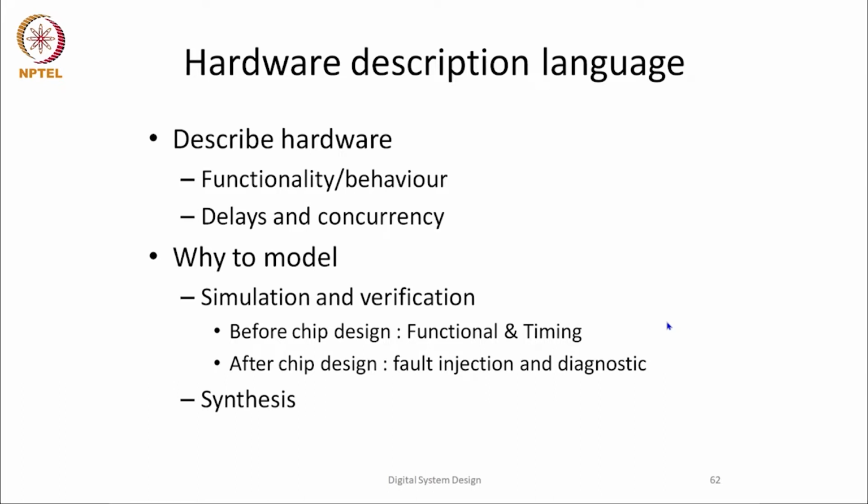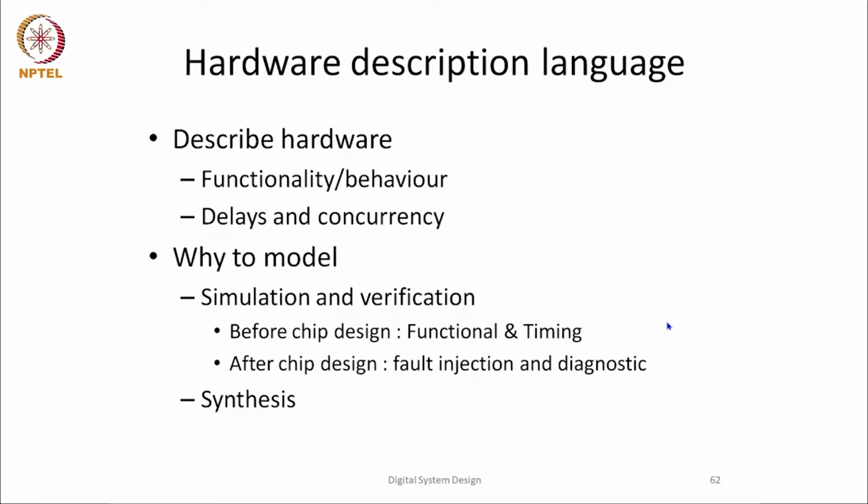This functionality and behavior part is one thing. The other thing is the typical nature of hardware: you have a processor, a keyboard, and all of these look like they're working in parallel, correct?